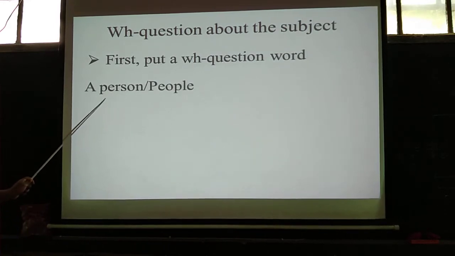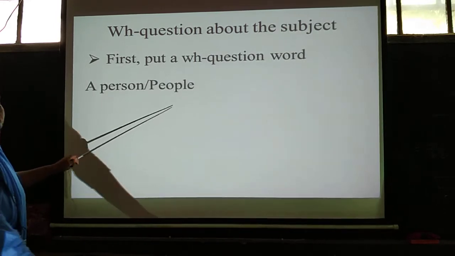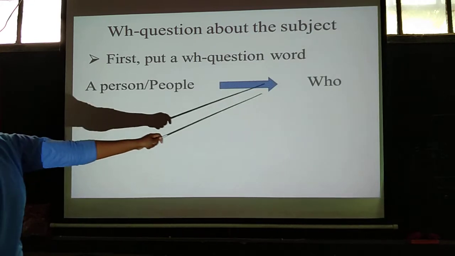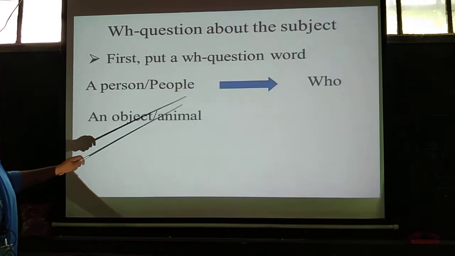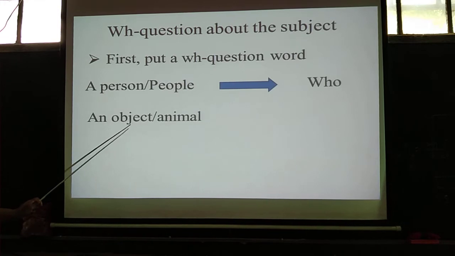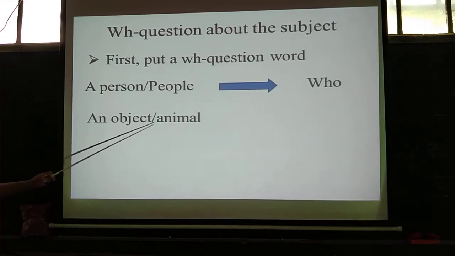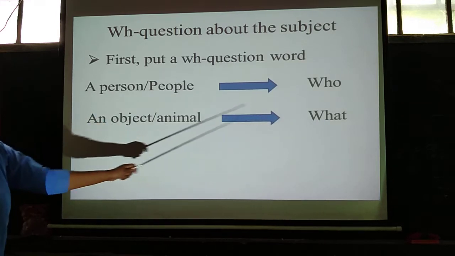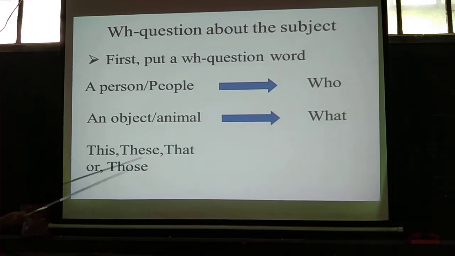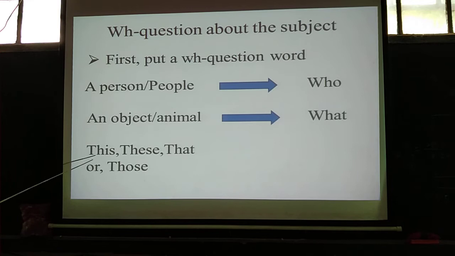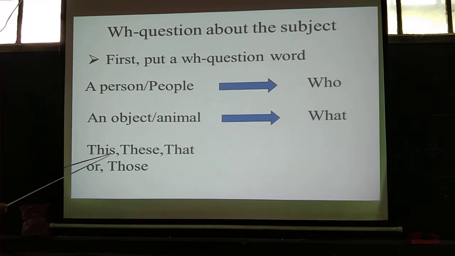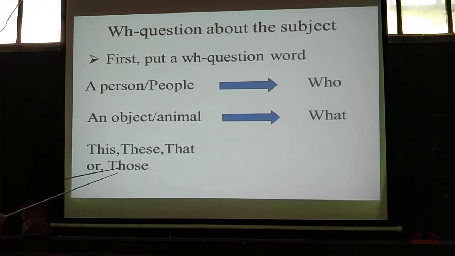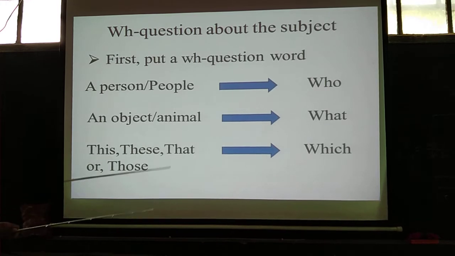If the subject is a person or people, you have to use who, and if the subject is an object or an animal, you have to use what. And again, when the subject is a demonstrative pronoun like these, that, those, you have to use which.